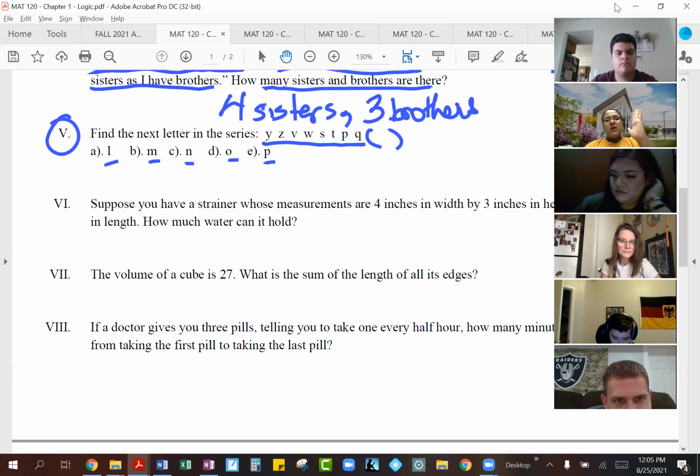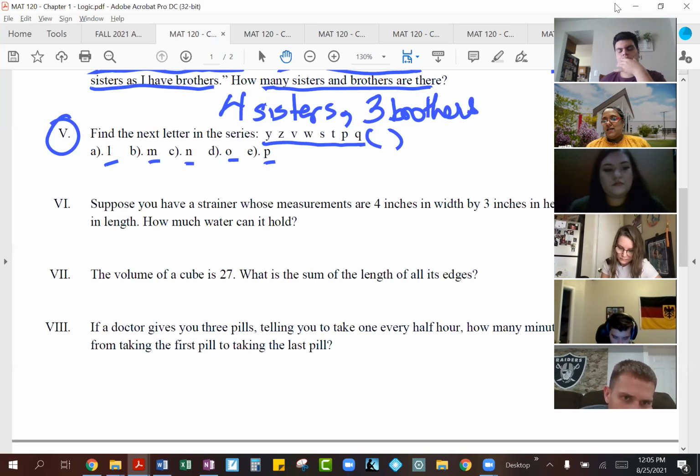So you can see you are going Y, Z, V, W, S, T, P, Q. Think about what the alphabet looks like. If it helps, go ahead and Google the alphabet so you can see what order they are in. Sometimes having a visual helps you. I'll give you about a minute to figure this one out.